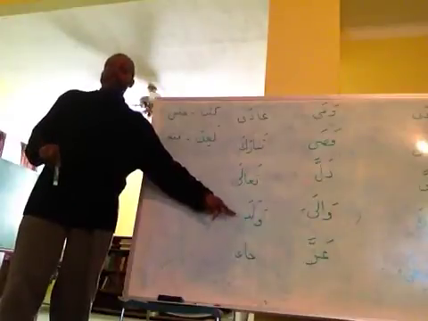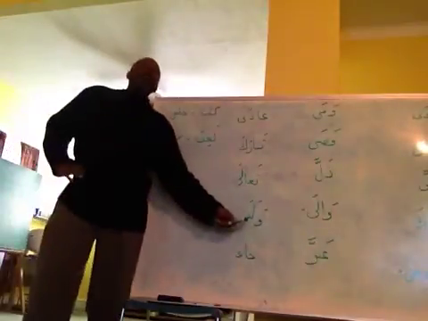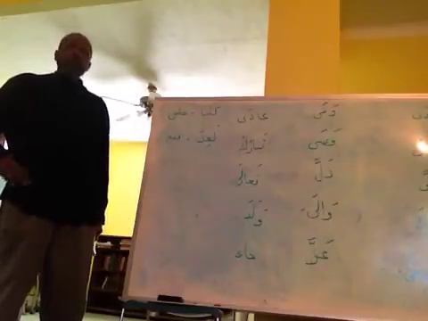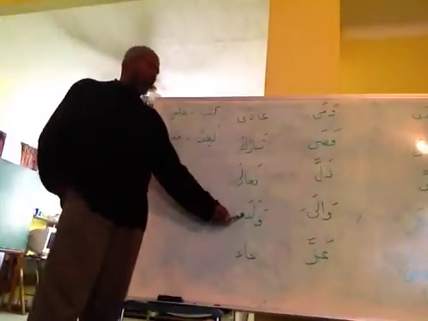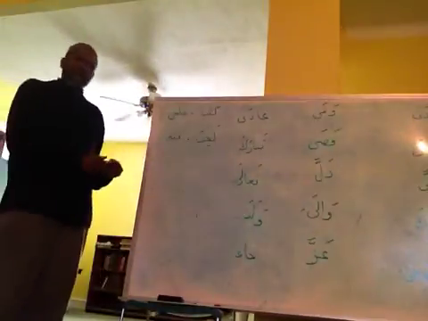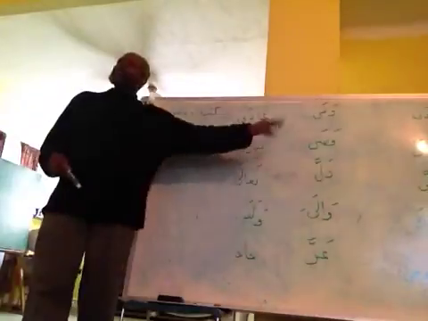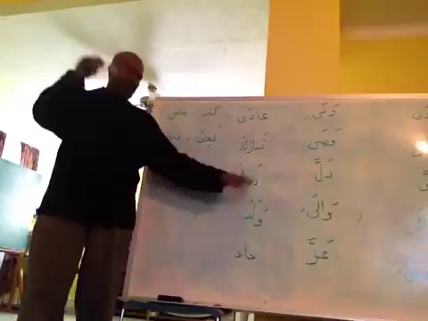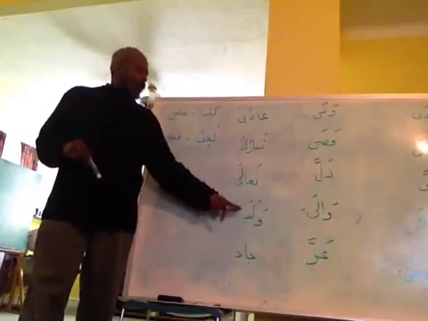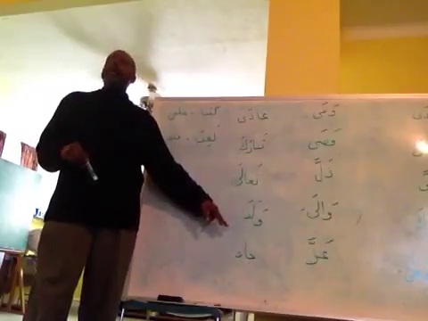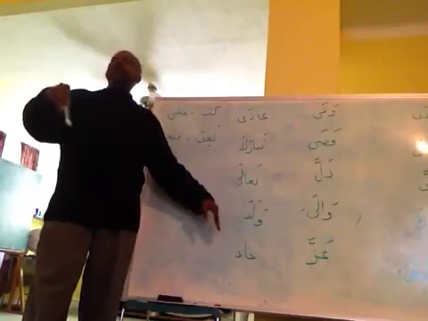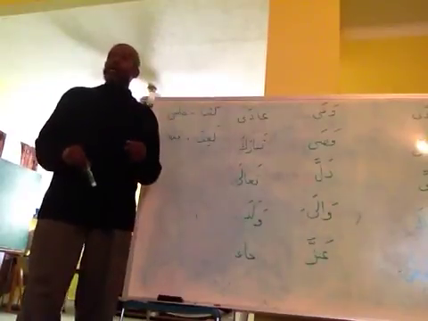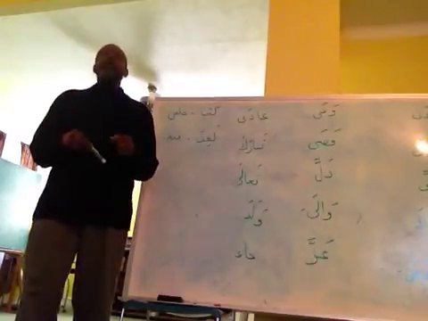Let's take care of when it's weak at the beginning. Let's take care of this verb first, a verb like walada. Conjugating it is no problem in the past tense. Walada. What will be next after walada? Waladat. Let's finish it. Waladat. Walada. Waladata. Waladu.